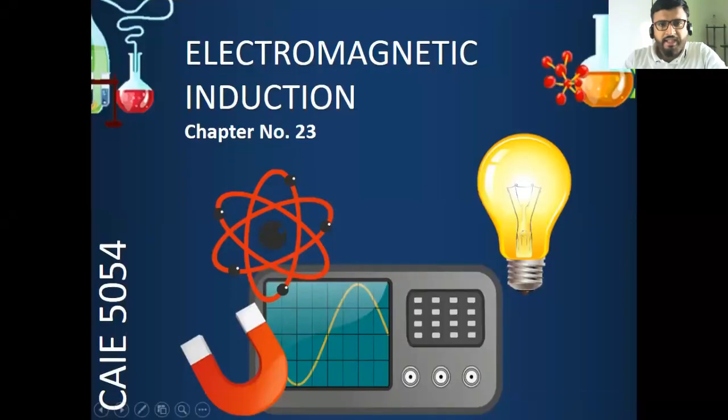In our first lesson on electromagnetic induction, we learned about the basic fundamental principle, which is named Faraday's Law. And we are going to use that law in this video to learn about the AC generator.